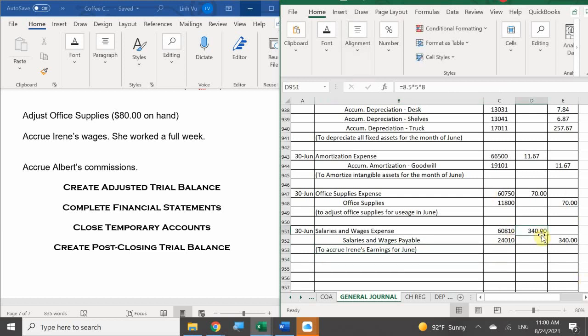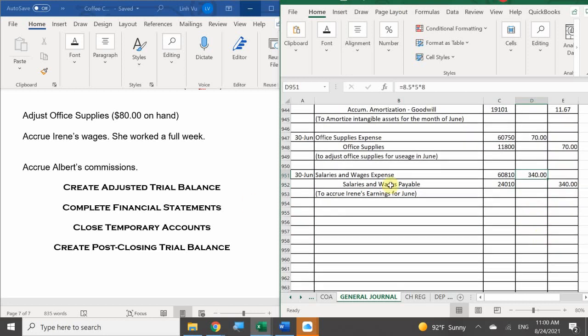And that is it right there. We just use a subsidiary ledger to figure out what her amount is that she is owed. In this case, she worked full 5 days, 8 hours. She signed up for 8-hour shifts. She's a full-time employee. So in this case, she earned $340.